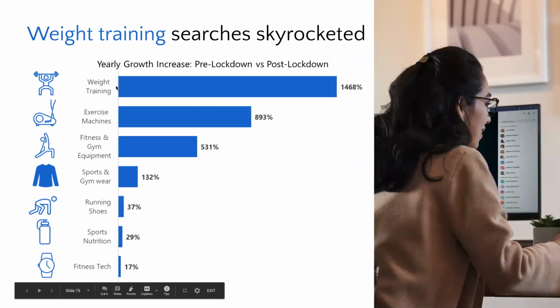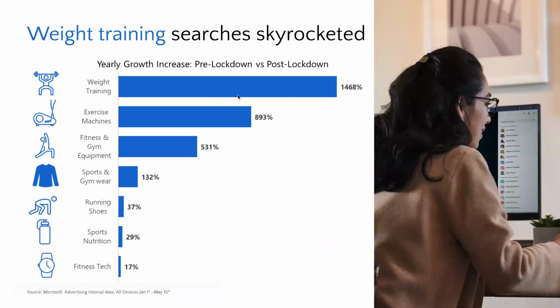But as you can see, like weight training, if we take the whole period into consideration, year on year post versus pre lockdown, it's over 1,468% increase, which is massive. And we saw the same kind of trend hit exercise machines, fitness and gym equipment, less so with sports and gym wear, but a truly massive increase in these three main categories.